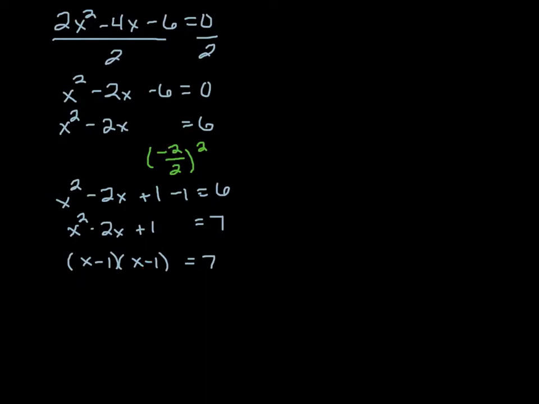Nice little shortcut. x minus 1 times x minus 1 is the same thing as x minus 1 squared. Now I'm going to take the square root of both sides. So we have x minus 1 equals plus or minus the square root of 4. Get rid of that 1 by adding it to both sides. And there's our answer.